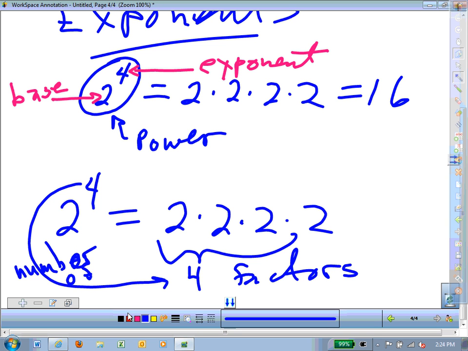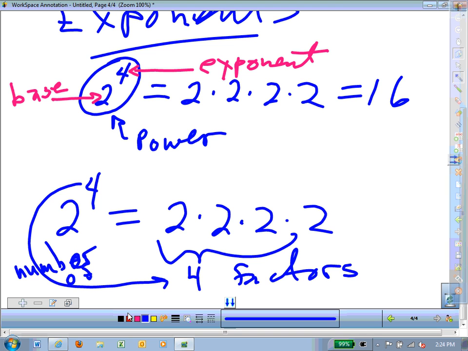The exponent tells you what? The number of factors. So it counts the factors, doesn't it? And so I bring this up because you can look at working with exponents in that way.